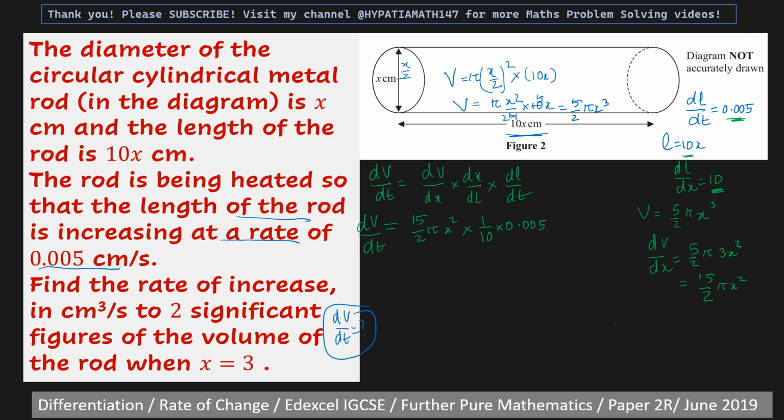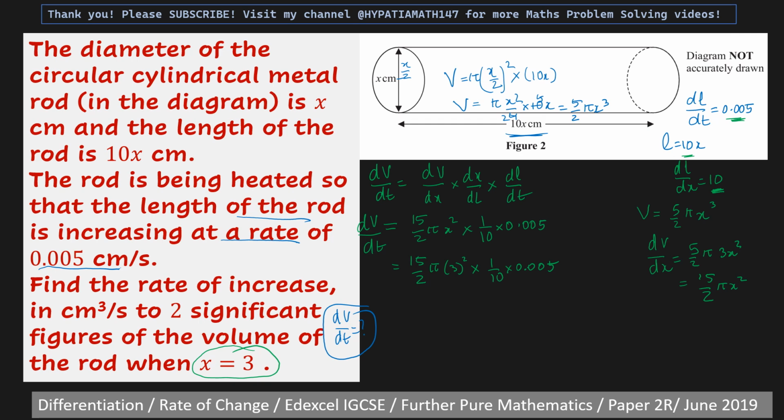And then we don't need to simplify it now. Let's put in x equals 3 and then use the calculator to find the answer. So if you have x equals 3, you'd get 15 over 2 pi times 3 squared, multiplied by 1 over 10, times 0.005.